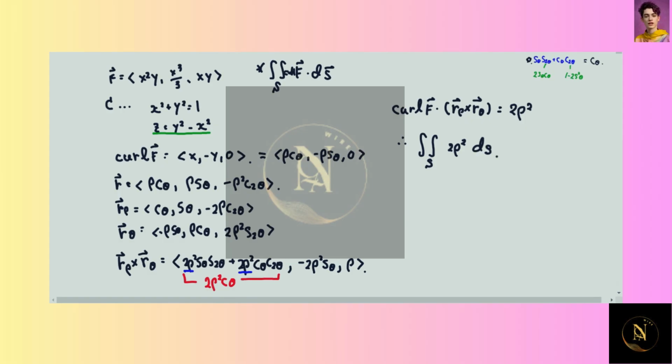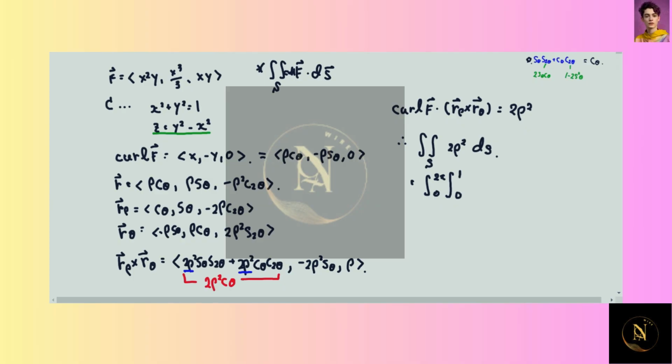We simply used rho and theta as our parameters, so theta will be from 0 to 2 pi. And rho changes from, I believe, 0 to 1.